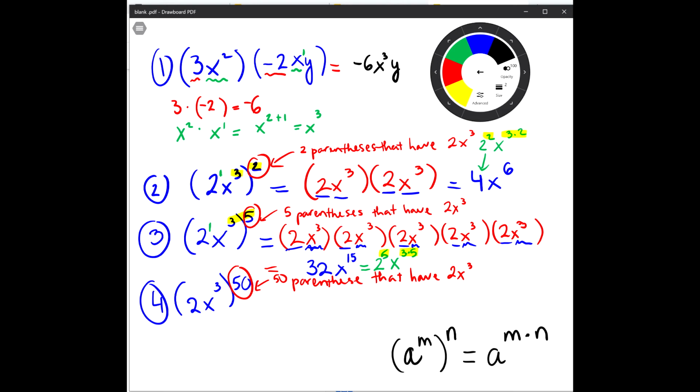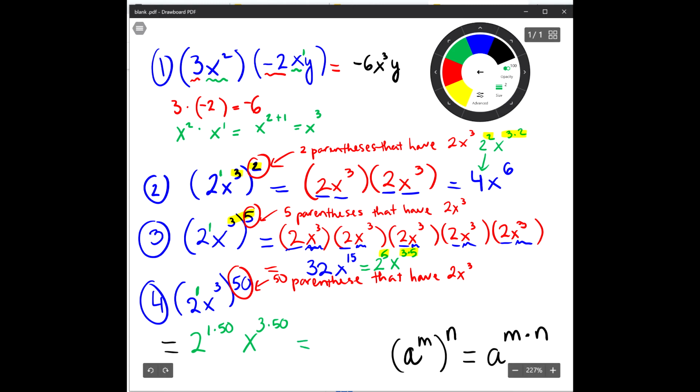Now we can apply that formula to number 4. So that means I have, first of all, 2 standalone. I need to know it is raised to the 1st power. I need to have the power in order to do the multiplication. So that means I have 2 raised to the 1st power times 50. And then next I have x raised to the 3rd power times 50.